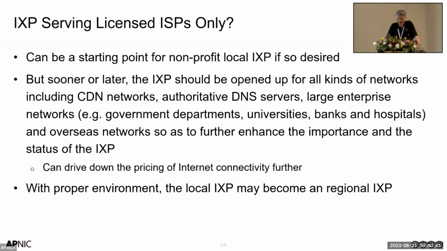Even large enterprise networks, like banks and hospitals, might be good candidates, and they need good local connectivity. Even overseas networks may consider connecting to you. Then it can help drive down the pricing of local interconnectivity further. And with the proper environment, the local IX may become a regional IX.